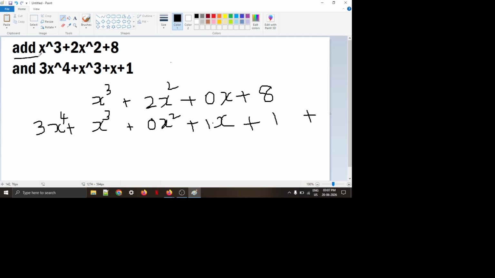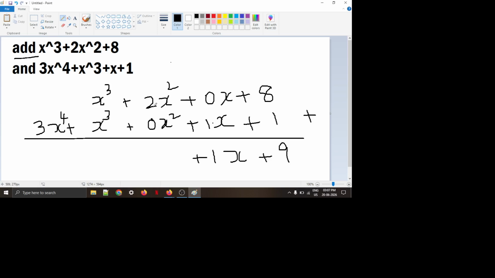And the operation is to add, so we put a plus sign. Now let's start adding. 8 plus 1 is 9. And here 0x plus 1x is 1x, because 0 is nothing, so you add anything to 0, you get the same number.